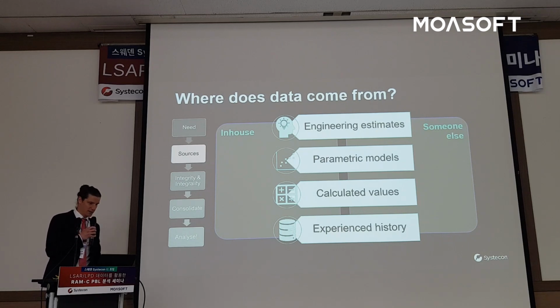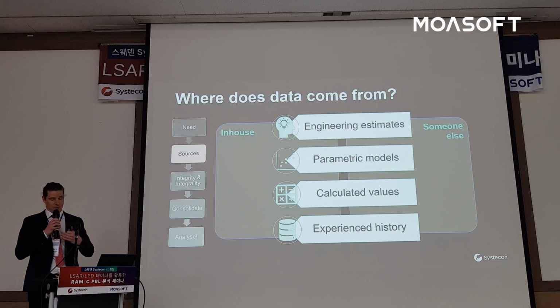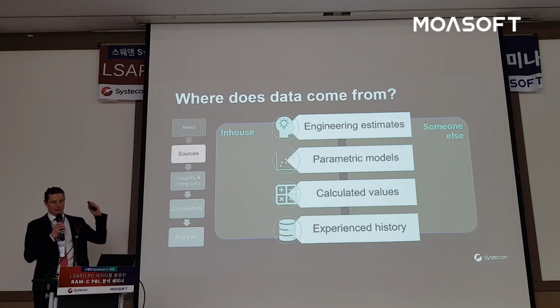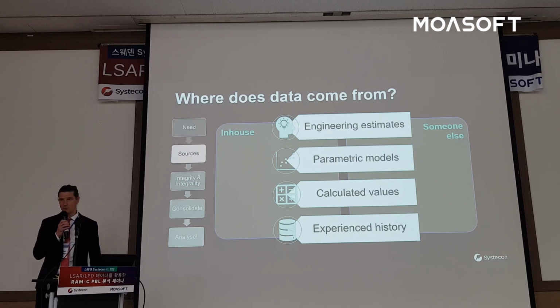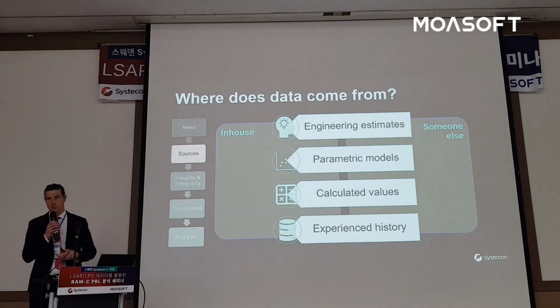And in many cases, depending on the situation, and depending on what type of organization you are working for, this data might exist in-house or it might come from someone else. Typically, the reliability data comes from the manufacturer of a system, while the operational data comes from the operator.